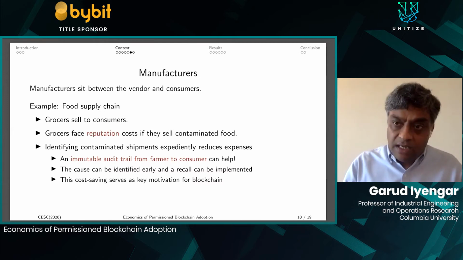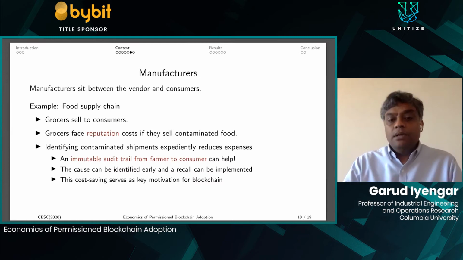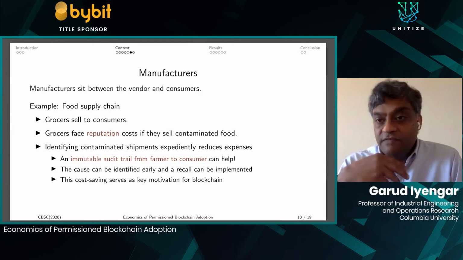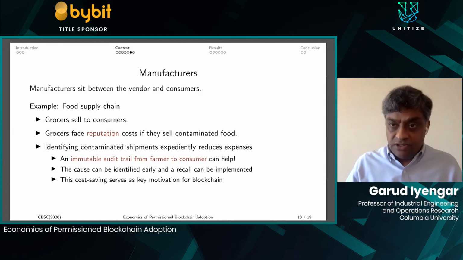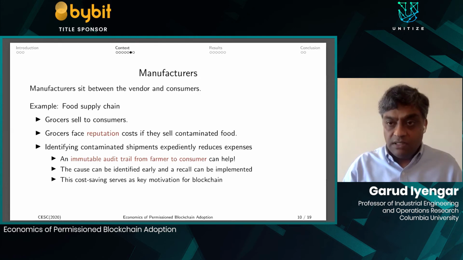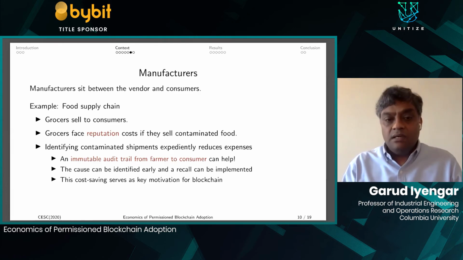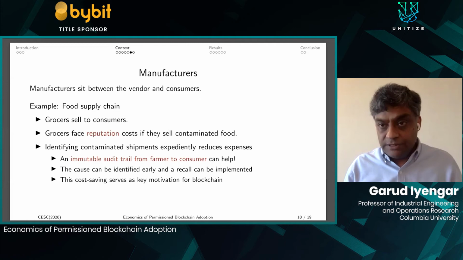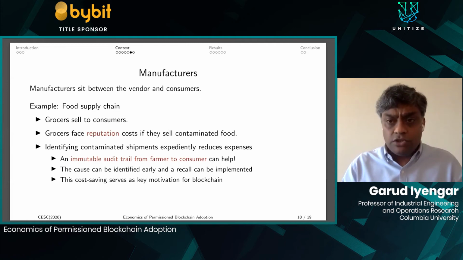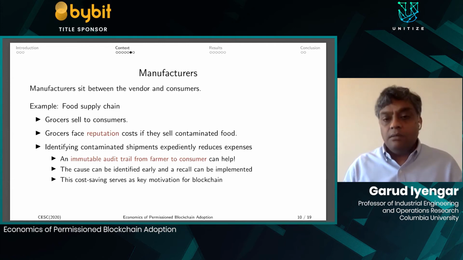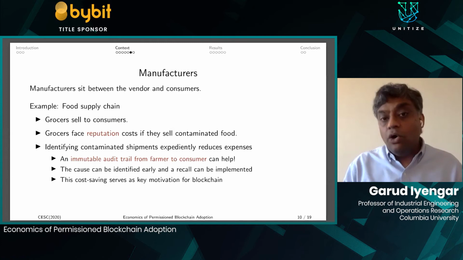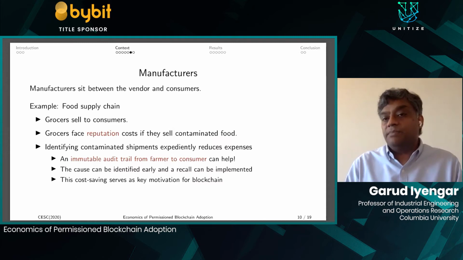Now the reason why blockchains can potentially allow the cause to be identified early is that if all the grocers in the market are on the blockchain, then anyone discovering that particular fault or defect can get communicated to all the grocers. So instead of each grocer relying on their particular time to discovery, they all get to see it at the minimum time to discovery of all the grocers that are on the supply chain.